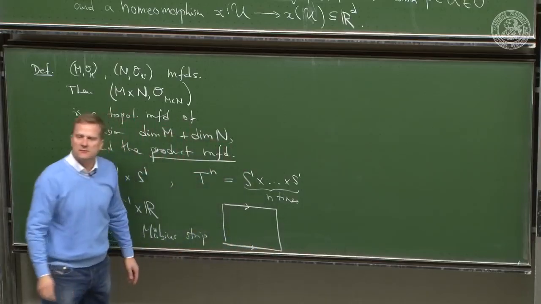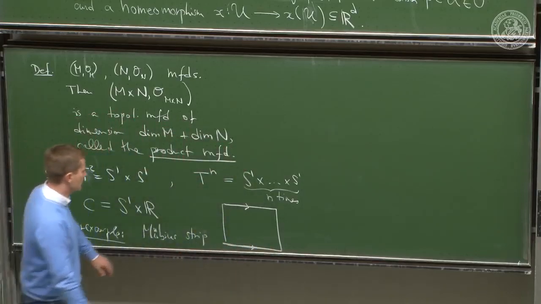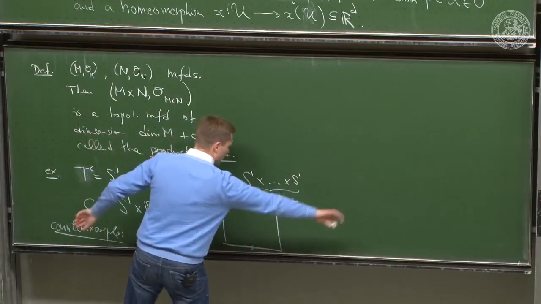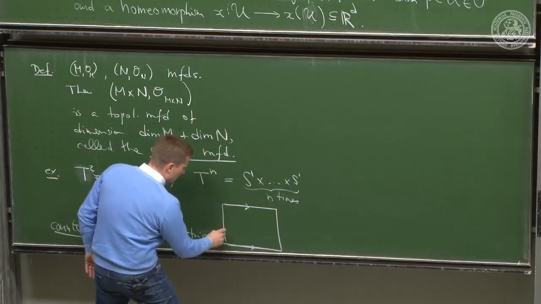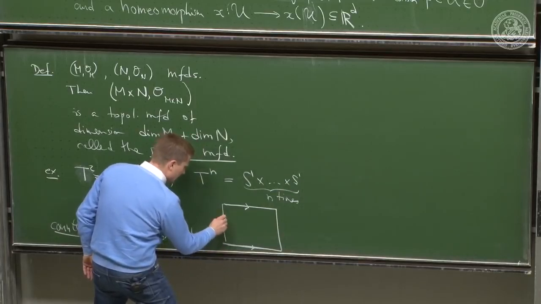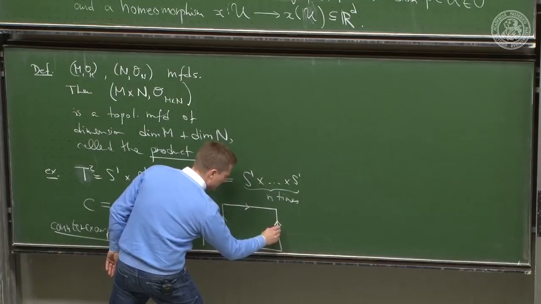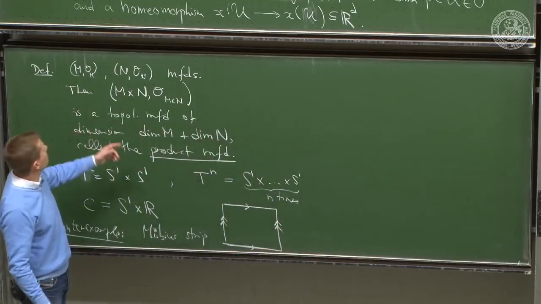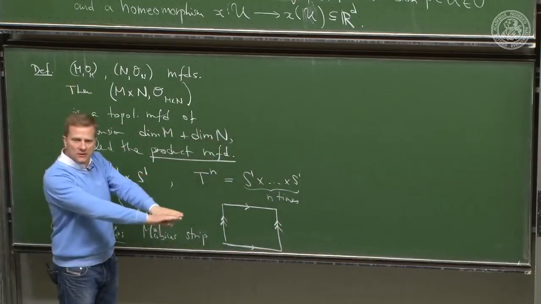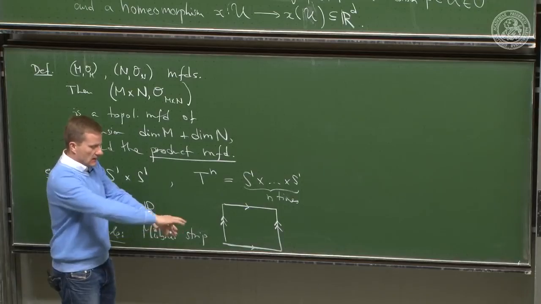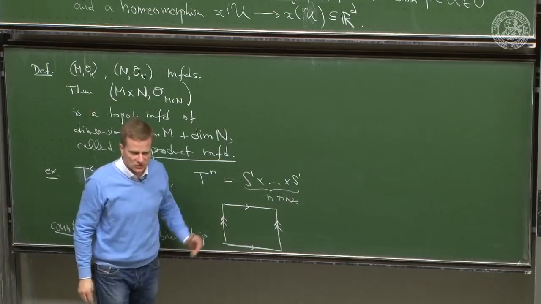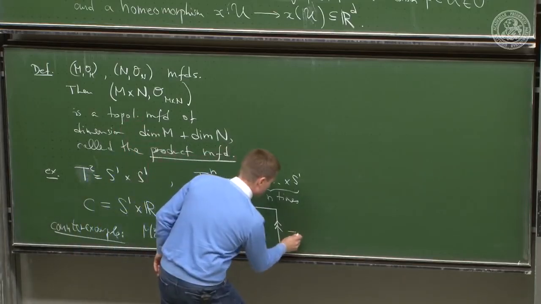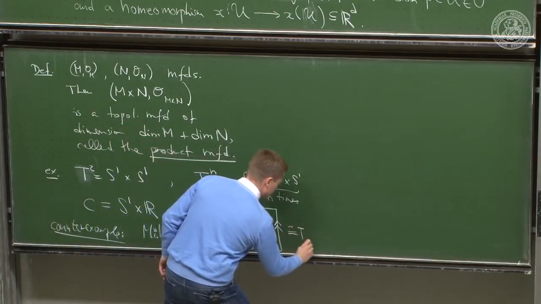What you get is a cylinder, right? Well, if this is infinitely long. But now, let's not have this infinitely long, and let's take this side identified with this side in this direction. What do you get? You get the torus, right? You get the two torus. You identify like this, and then you bend this around, and you get the torus. That's the torus. Well, that's not the counterexample. That's obviously an example.